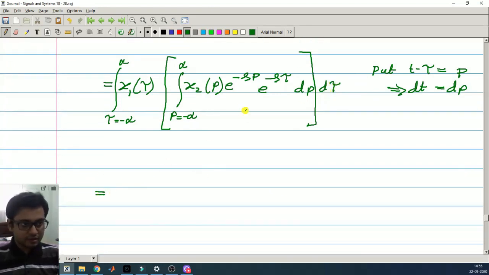Now here e to the power minus s tau, this is not a function of p, so I will write it outside this inner integration.